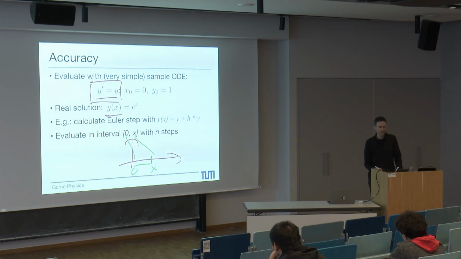And we'll basically now look at different ways of subdividing this interval into steps. Namely, we'll call that n. So we'll have n steps to reach this target x, and then we'll see how much error we're making, because by then we'll actually have some y.